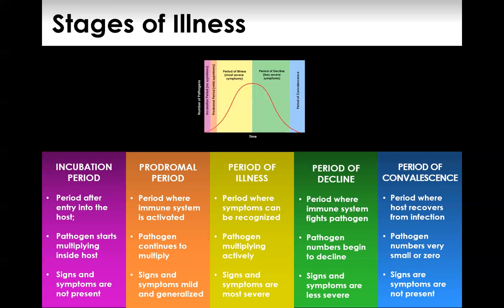Now, the period of decline, this is if the person's immune system has been successful in fighting off this pathogen, the pathogen's numbers will start to decline. The signs and symptoms will become less severe. The patient may say, I'm beginning to feel better. I'm not 100%, but I might be at 70%.